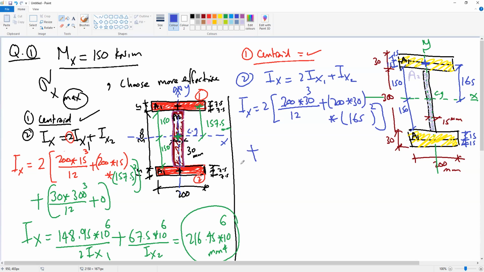Plus for Ix2, again, the centroid of the total area is coincident with the centroid of the area A2. So the inertia Ix2 will be about its own axis, 15 times 300 cubed divided by 12, plus 0 because there is no distance between the centroid and the x-axis.